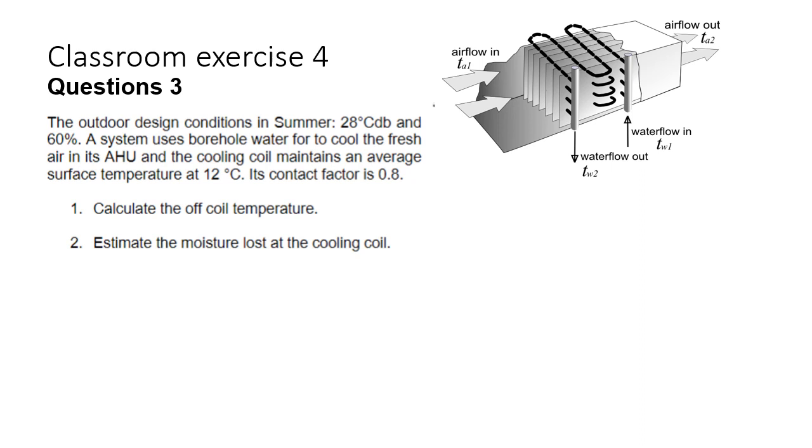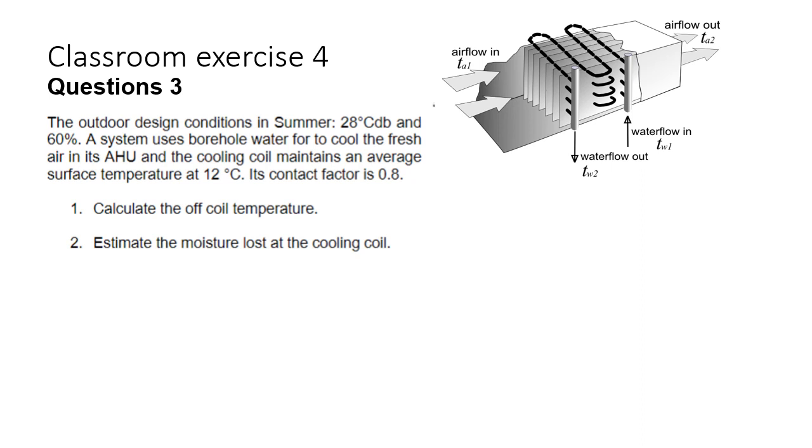These plates are aluminum, so they are all good thermal conductors. We can see these are all maintaining the same temperature, 12 degrees, and the air going over at 28 degrees will surely drop in temperature. But at the same time, it may also lose moisture because the 12 degrees may well be below the dew point of this outdoor air status. We will draw this on the psychrometric chart to check it out.